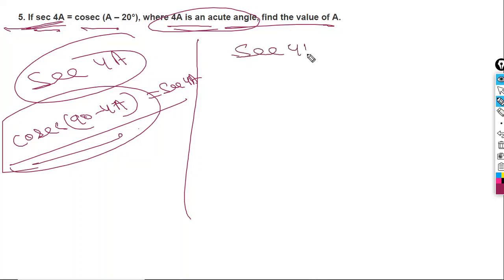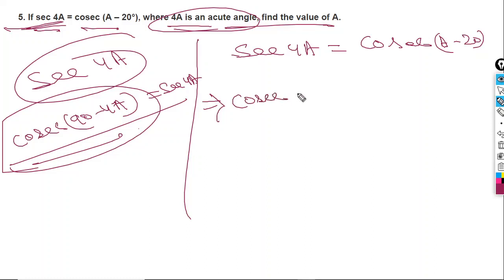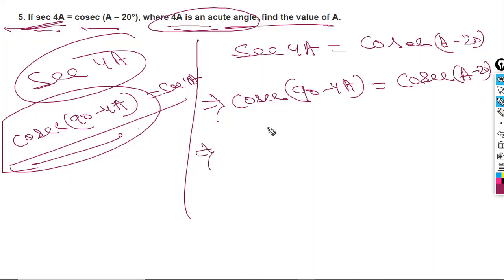Sec 4a is equal to cosec (a minus 20), implies cosec (90 minus 4a) is equal to cosec (a minus 20), therefore 90 minus 4a will be equal to a minus 20.